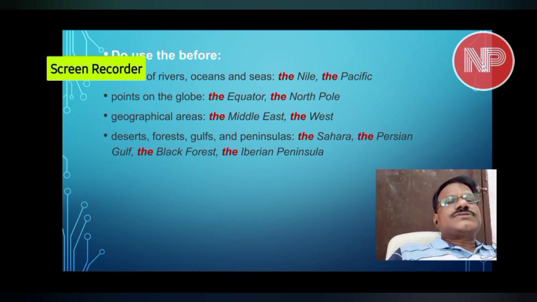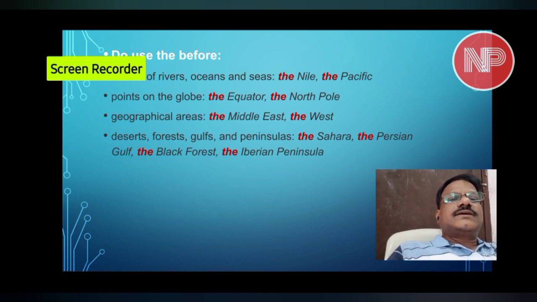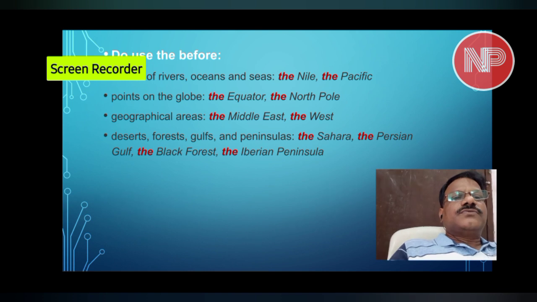So you can use the here because they are unique. There is no other thing like this. The Nile is the biggest river in the world, that you know, one of the biggest rivers. And the Pacific, again, as we know, there are few oceans like what we call Indian Ocean or Pacific Ocean, like that.